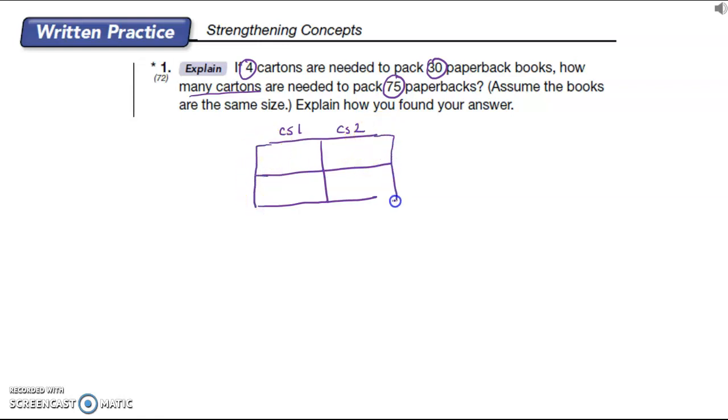This is cartons, and this is books. My first case is 4 cartons for 30 books, and then it says how many cartons, we don't know, for 75. So in the Dora the Explorer method, we have our ratio box, and we make our proportion, and we cross multiply.